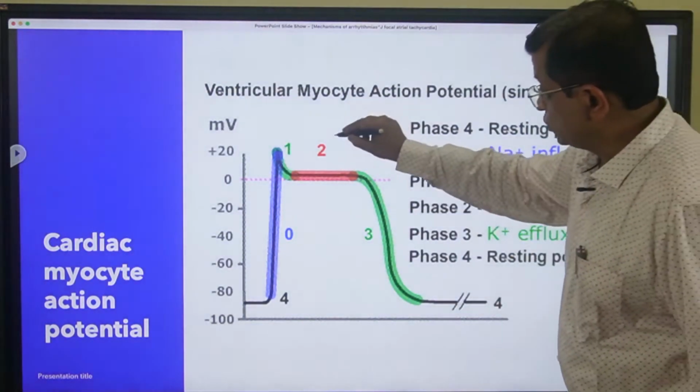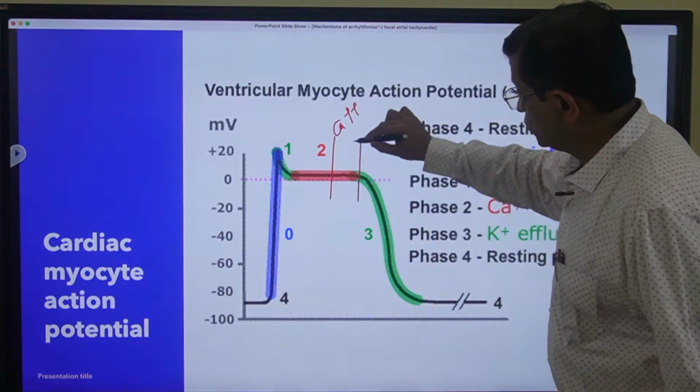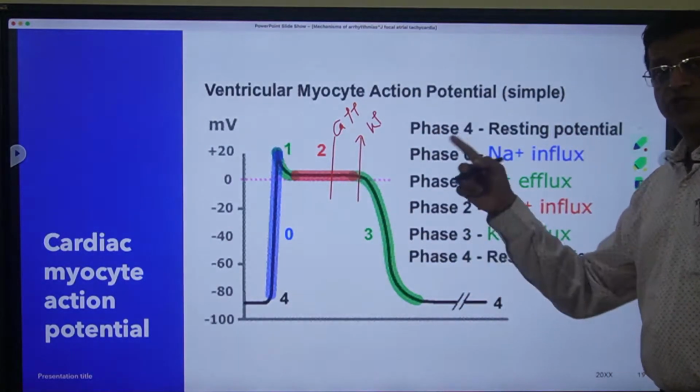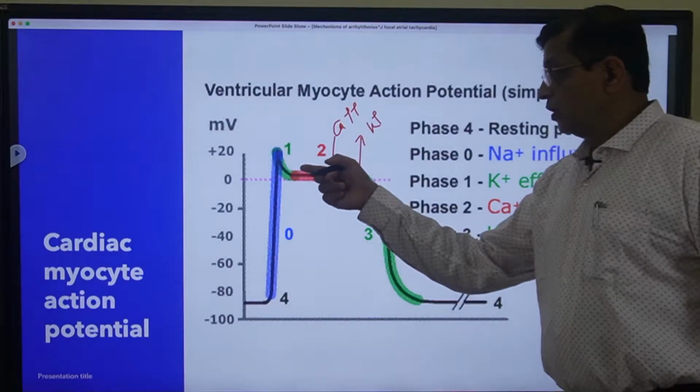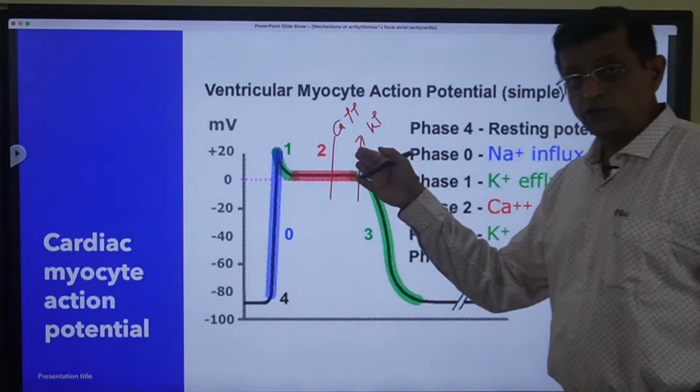So the calcium is coming inside and potassium is going outside. These two negate each other and the membrane potential stays at a horizontal plateau, which is called phase 2.